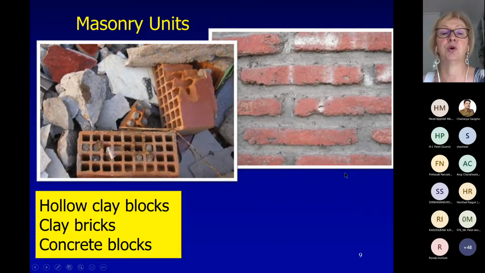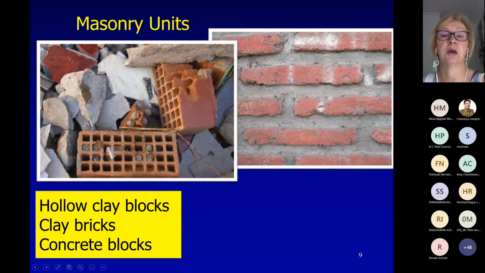So here is what they use mostly as masonry units. They use these hollow clay blocks. You can see on the left side, this is from after the earthquake, so it's a damaged situation, but you can see these blocks, so they are not reinforced. Horizontal reinforcement is possible, but I don't think it is used widely in Chile.